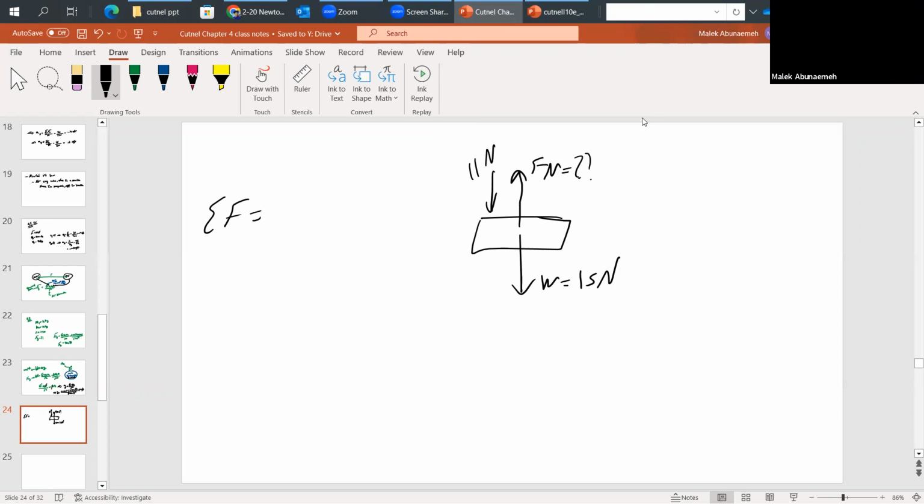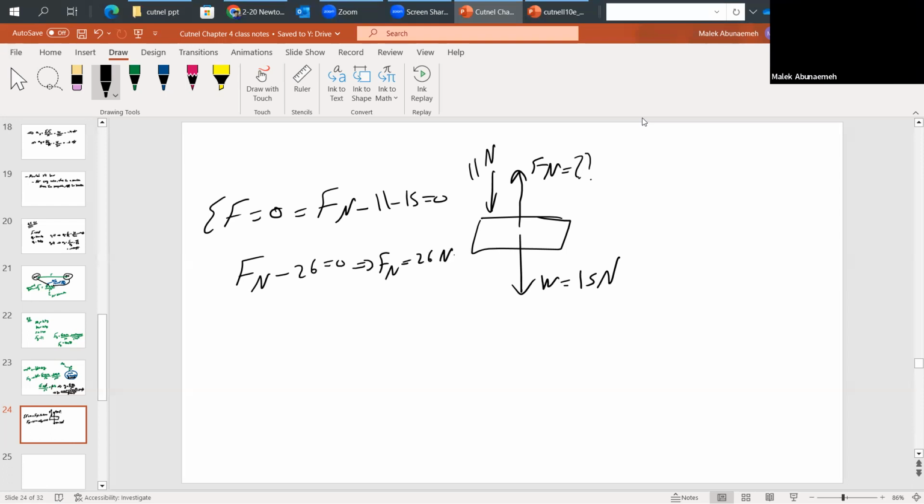That means the summation of the forces is going to equal 0, which means that your normal force minus your 11 plus your 15. I'm sorry, minus 15 because the weight is going down, is going to equal 0. That means your normal force minus 26 is going to equal 0. That means your normal force is going to equal 26 newtons.